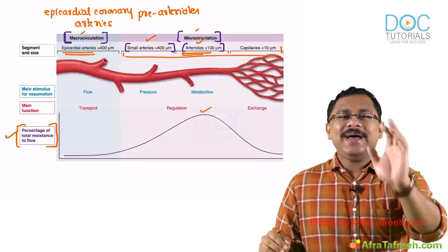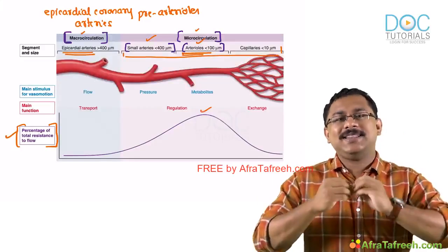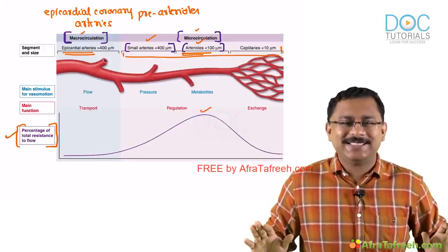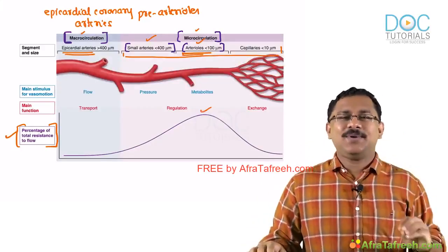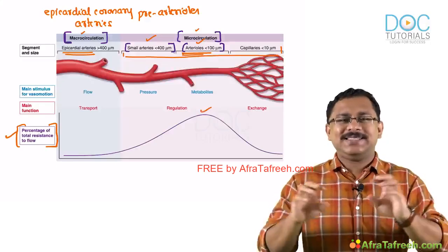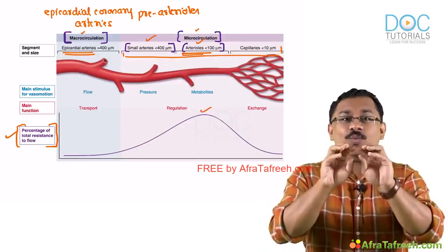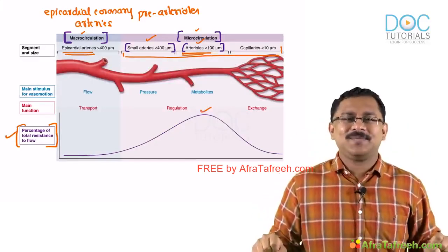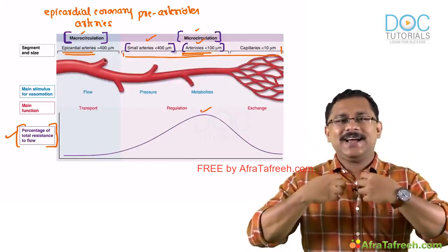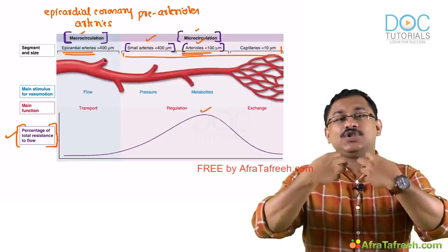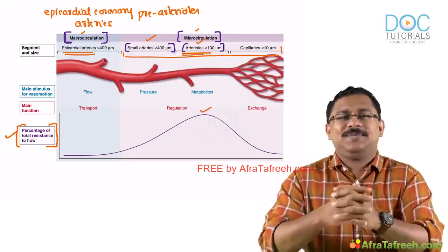Whenever the demand increases, it is quite obvious that the blood supply also should increase. At that time, the microcirculation, especially the arterioles, will increase in diameter, the cross-sectional area increases, so that there is better perfusion.